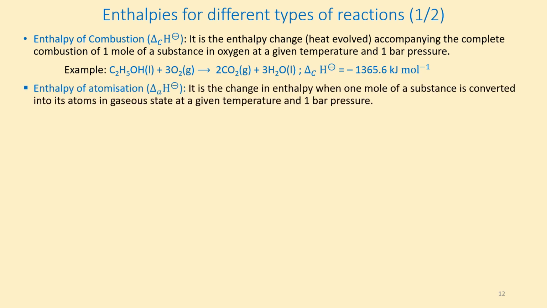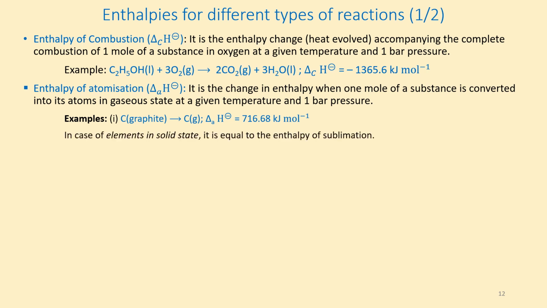Enthalpy of atomization, represented by the symbol delta a H naught. It is the change in enthalpy when 1 mole of substance is converted into its atoms in gaseous state at a given temperature and 1 bar pressure. Example, carbon graphite reacts to form carbon gas and atomizes, delta a H naught equals 716.68 kilojoules per mole.